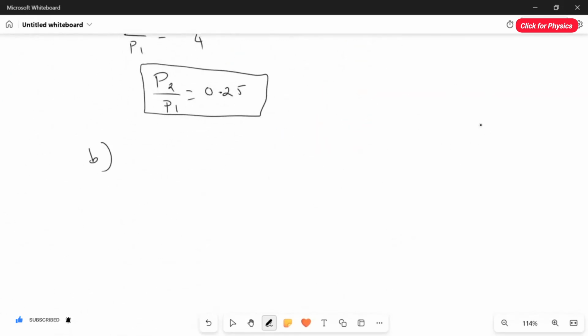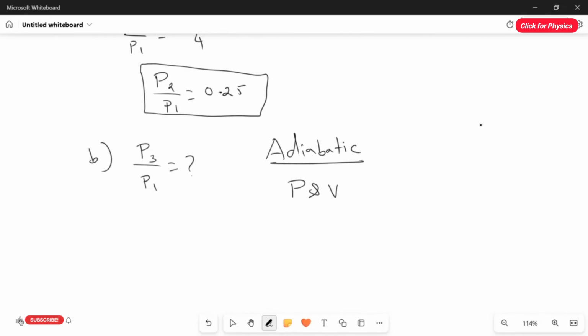Part B, P3 over P1 we are going to find. Points 3 and 1 refer to the adiabatic curve, so here we are going to study the relation between pressure and volume. Clear? So what is the pressure and volume equation?